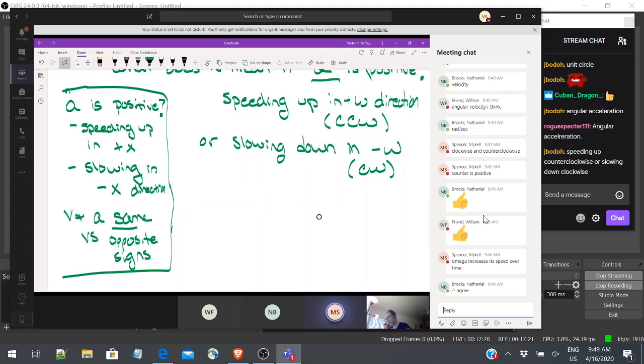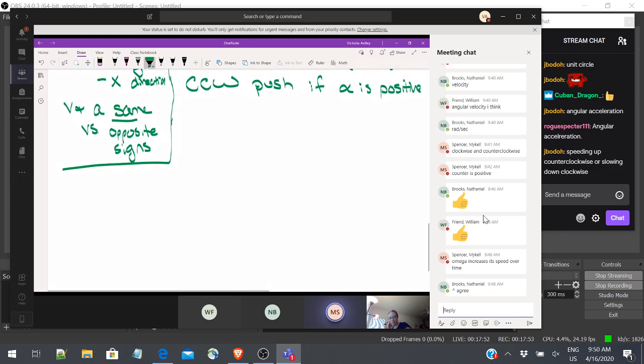You can think of it as being a counterclockwise push, right? If alpha is positive. So you have a thing that's rotating. You're pushing it in the counterclockwise direction. If it's already going counterclockwise, you're going to be speeding it up. If it's going clockwise, you're going to be slowing it down. Does that make sense?